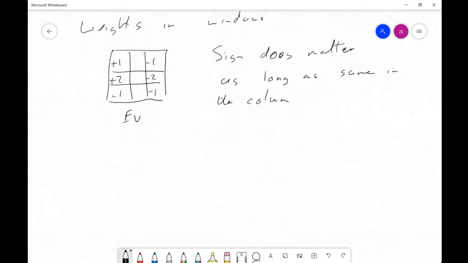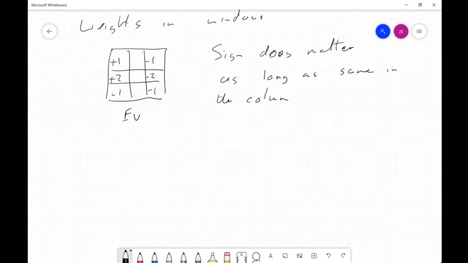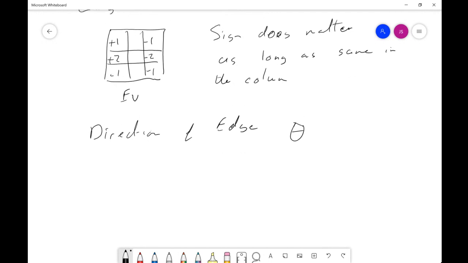And a further thing that one can detect from the edge detection is the direction of the edge. If you want to get the direction of the edge theta at any pixel location, theta equals tan to the -1 of EV over EH.